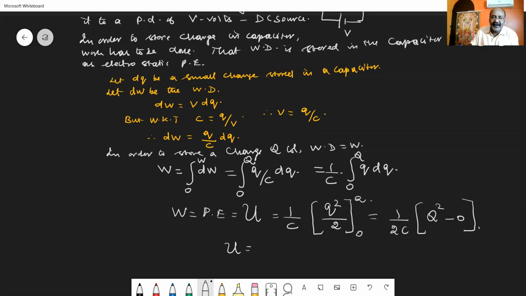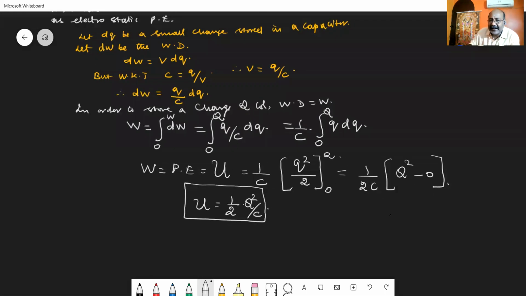So the potential energy stored is equal to 1 by 2 into Q square divided by C. This is one expression of the potential energy stored.